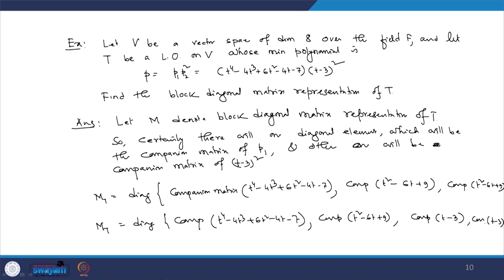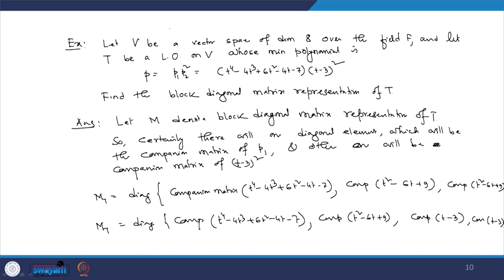So, 1 plus 1 is equal to 2, plus 2, 4 plus 4 equal to 8. So, we see there are two possible forms of the block diagonal matrix representation of the operator T here. We know how to calculate the companion matrix of these ones.